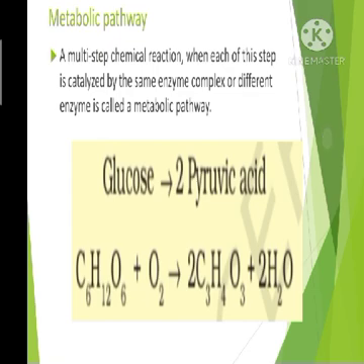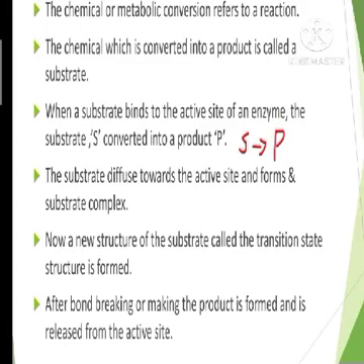How can the enzymes bring about high rates of chemical conversions? See, the chemicals will be converted into some other chemical, or one metabolite will be converted into another metabolite, isn't it? So the chemical or metabolite conversion can be referred to as a reaction. The chemical which is converted into a product is called the substrate.